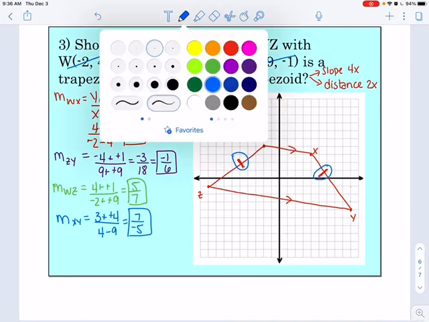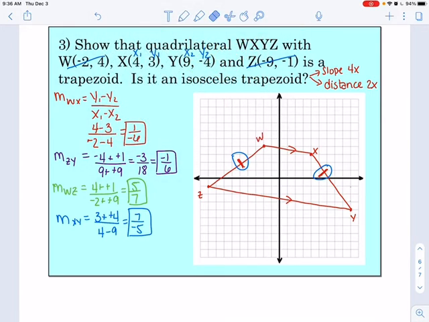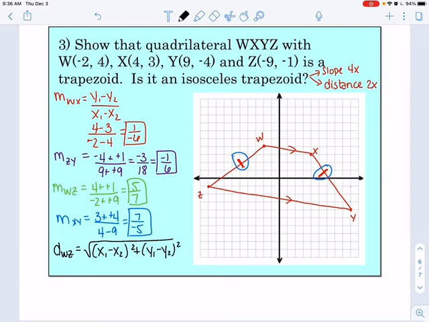So let's start with the distance, and we'll do the distance of WZ first. So the distance of WZ, again, the distance formula is x1 minus x2 squared plus y1 minus y2 squared.